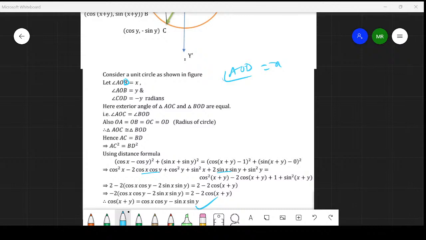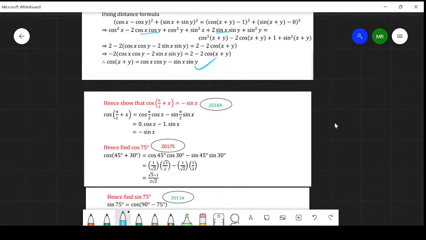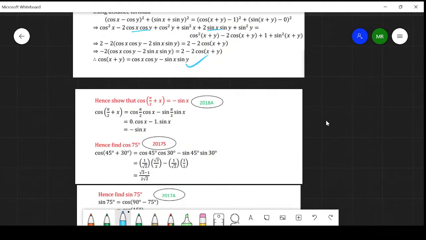So now, that 1 mark question I am going to explain within 2-3 minutes. Along with the theorem, you should prove that 1 mark question also. When they ask hence show that cos of (pi by 2 plus x) equal to minus sin x, you should not use another formula.